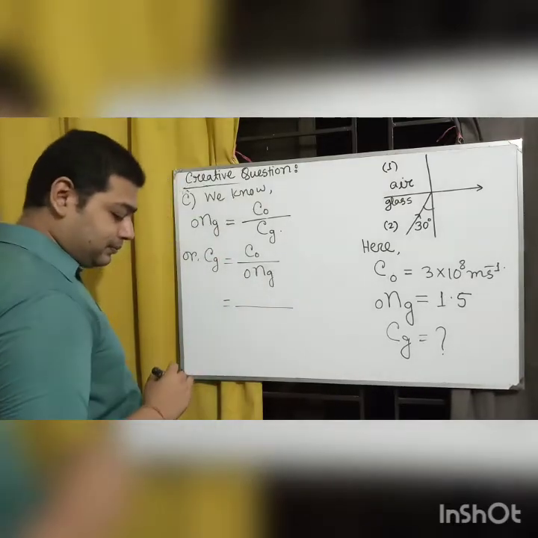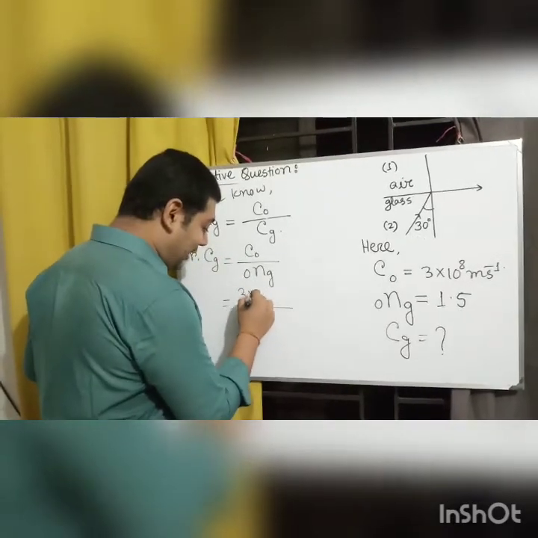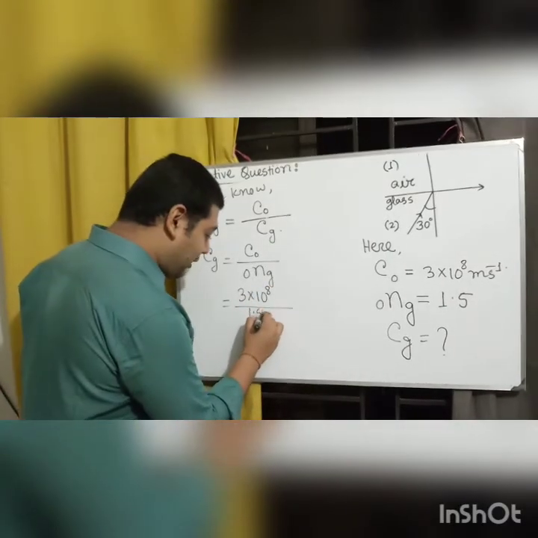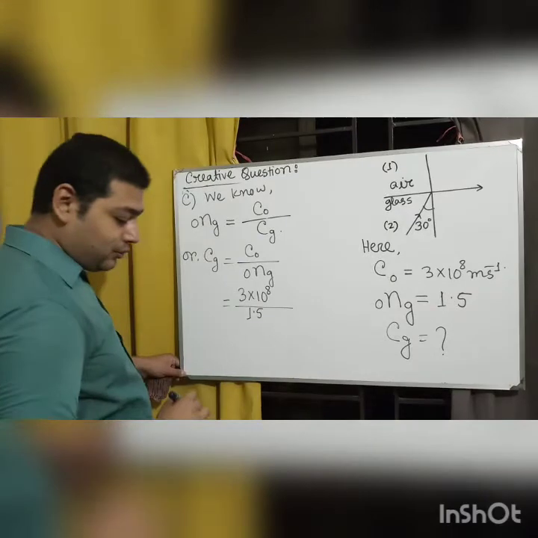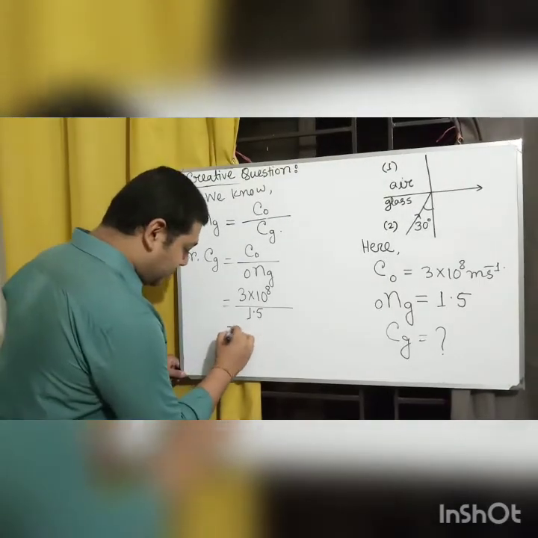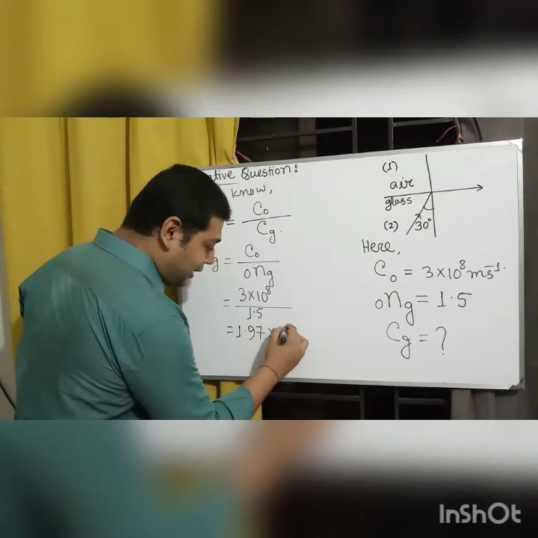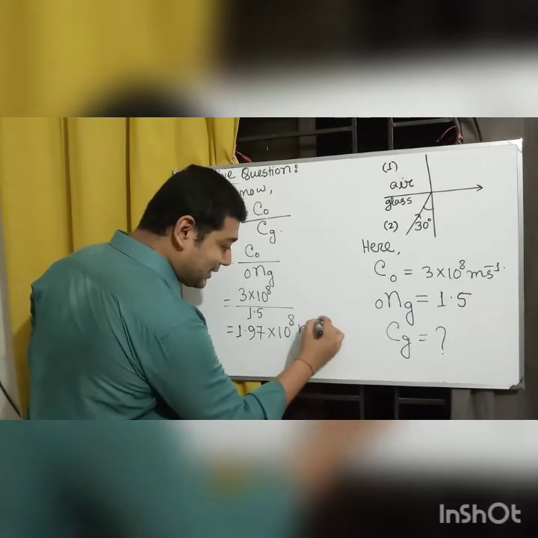So 3 into 10 to the power 8 divided by 1.5. So we get 1.97 into 10 to the power 8 meter per second.